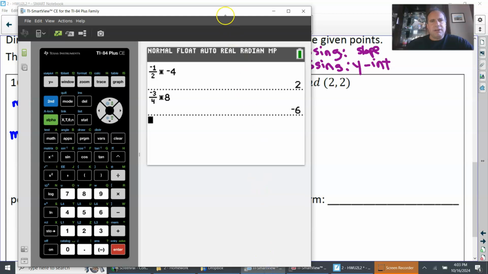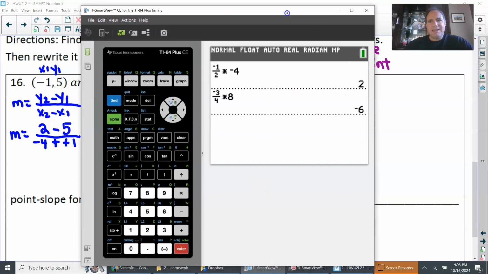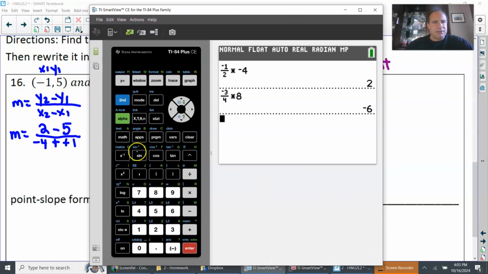Go to your calculator. Don't do anything without the calculator. There it is. Press alpha x. It's 2 minus 5. Don't do it separately. Do them all together. The calculator will give you the answer. This is negative 4 plus 1. See what I have here? That's what I have here.